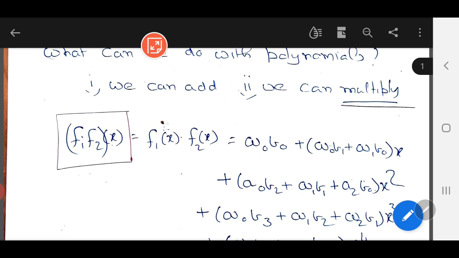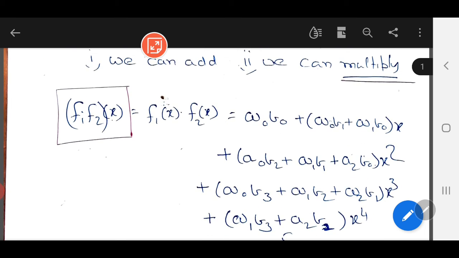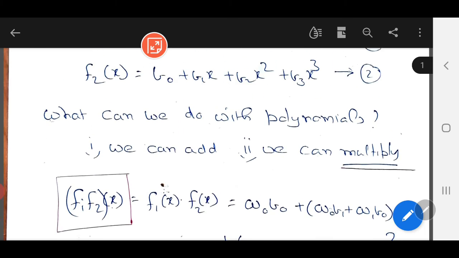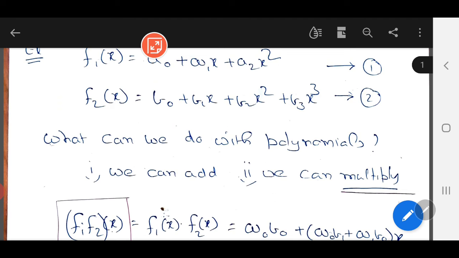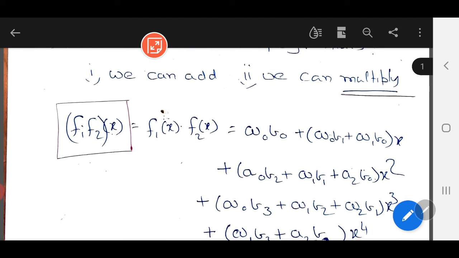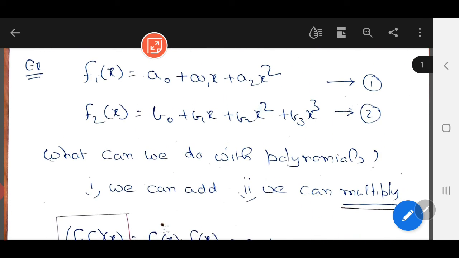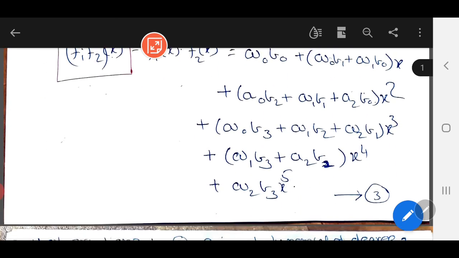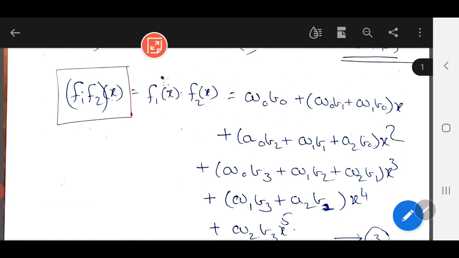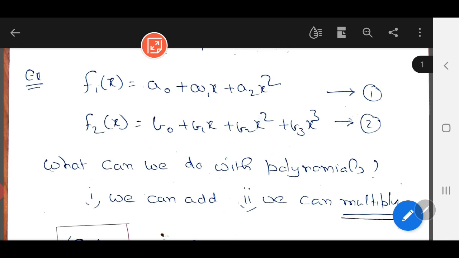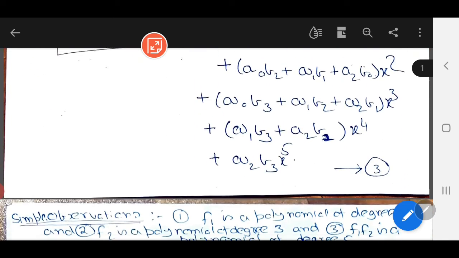So when we multiply two polynomials, this is how we reach the resultant, that is, when f1 of x is multiplied by f2 of x. Precisely what we are doing here is collecting the constant term, coefficient of x, coefficient of x square and coefficient of x cube. So remember, the product f1 f2 is a polynomial of degree 5.